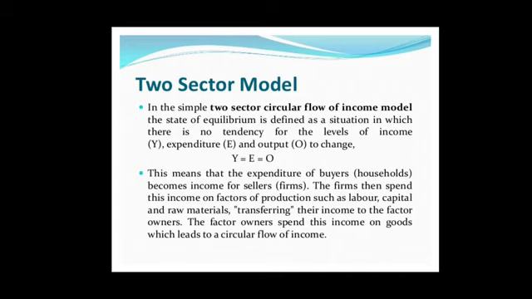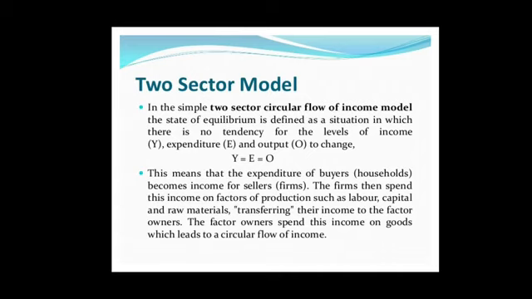This means that the expenditure of buyers, or we can say the households, becomes income for sellers, that is the income for firms or businesses. The firms then spend this income on factors of production supplied by the household sector, such as land, labor, capital, raw material, etc., thus transferring their income to the factor owners.